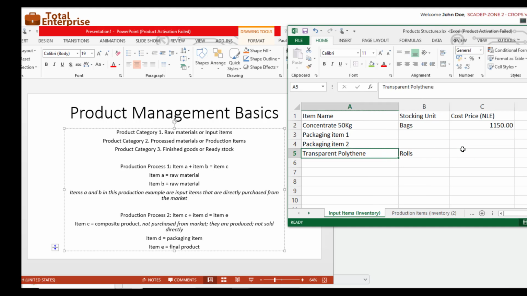There are different sizes, so we want to specify the size inside of the item name, something like 20 feet. Maybe it is sold according to feet, and you have a cost price.